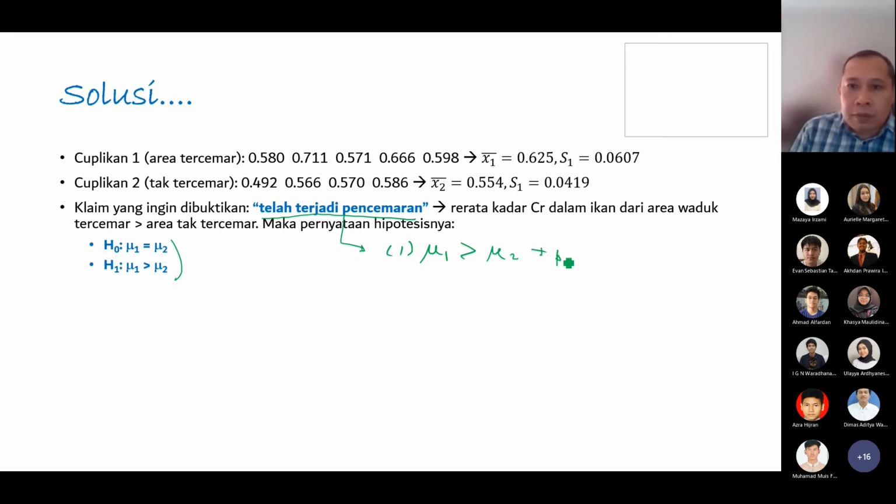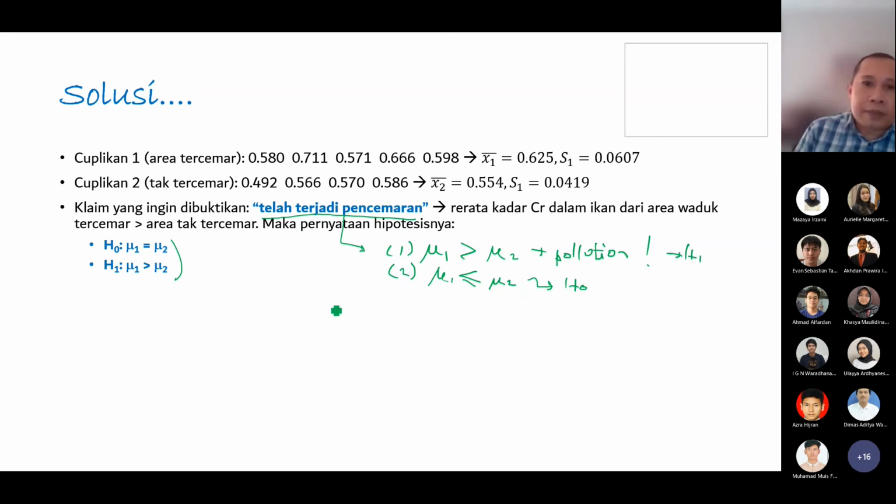Which means pollution is proven. Okay. If that statement is not true, then the one that becomes true is this one. And because this one contains equality, then this one becomes the H0 and that one becomes the H1. Okay. Like you see here.